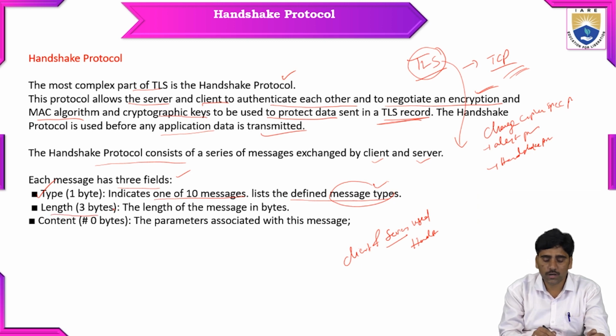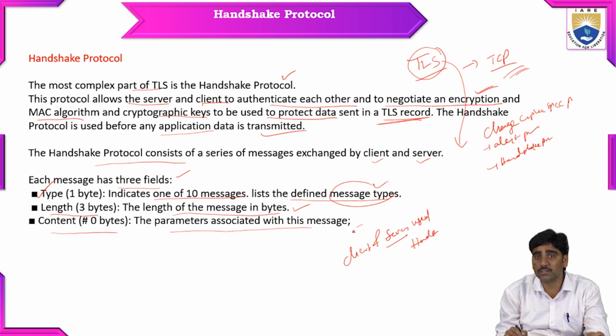The second one is Length, the length of the message in bytes. And the third one is Content, the parameters associated with this message. So what the message type is, what the message length is, and what the message actually contains.